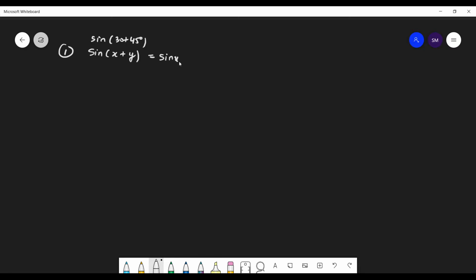Now 2 cos A cos B will be equal to cos A plus B. So what will be A plus B? Cos 60 degree. Now then I have here cos A plus cos B. Is it plus or minus over here? 2 cos A cos B, it will be plus over here, right?